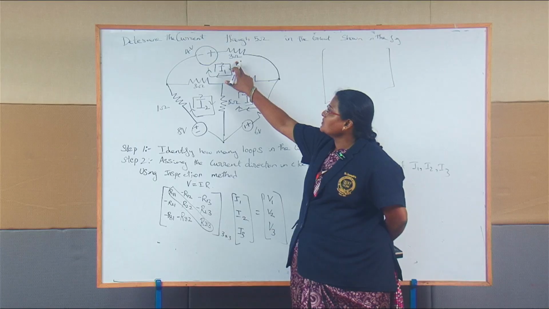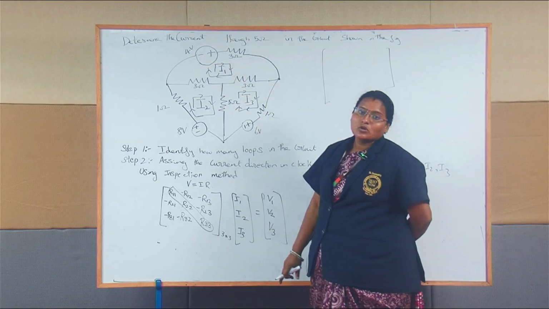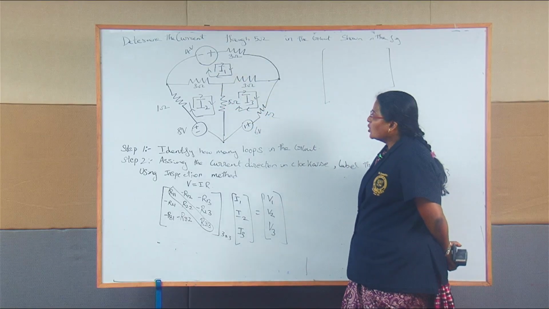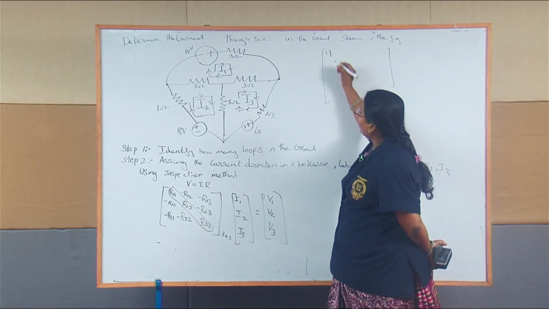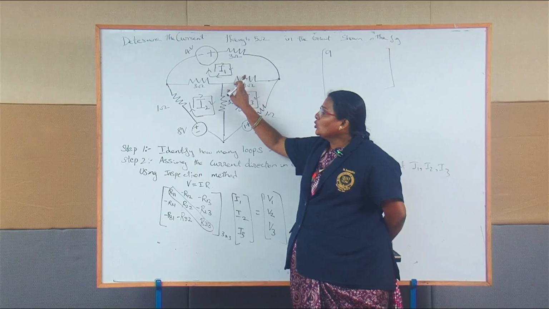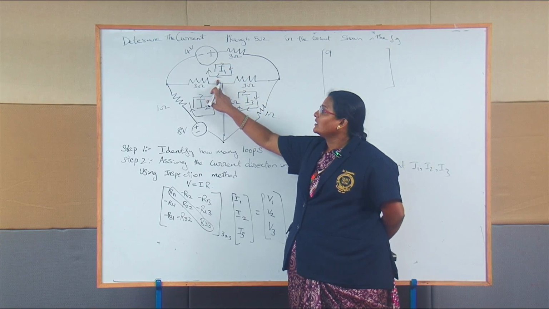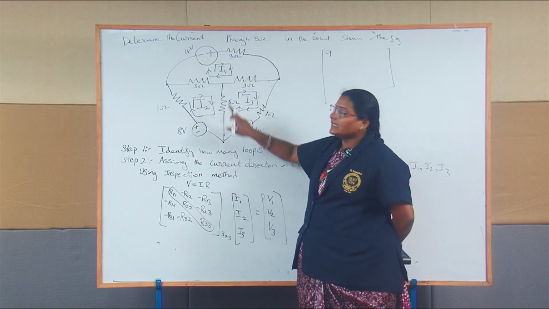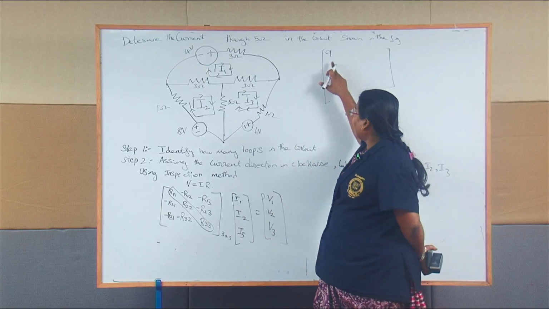Here 3 ohms, 3 ohms, 3 ohms. In loop 1 alone you have to check 3 plus 3 plus 3, total 9 ohms. So R11 is nothing but 9 ohms.